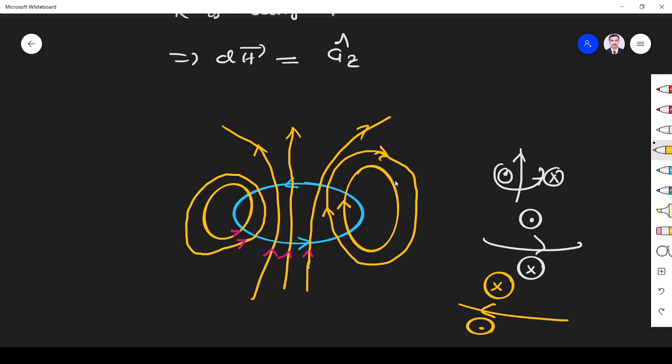So here it will go. Now it will go like this, right? So this is the magnetic field lines for a current loop, right? So that is what we have to know. This is our circular disk or current loop, right? So I hope you understand everything clearly.